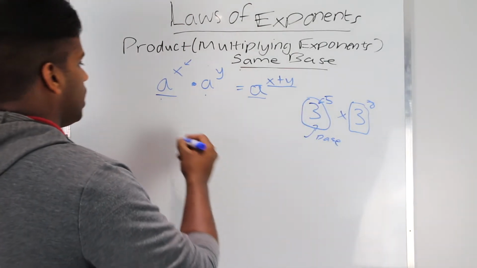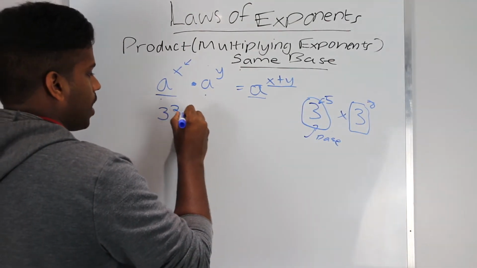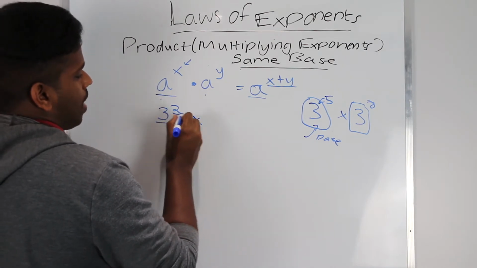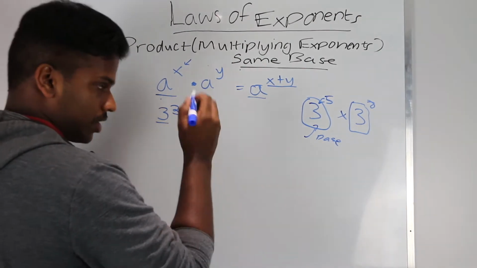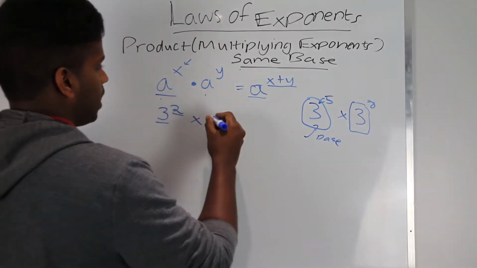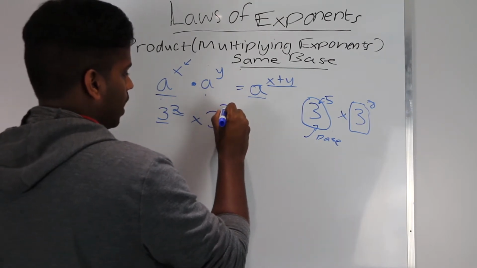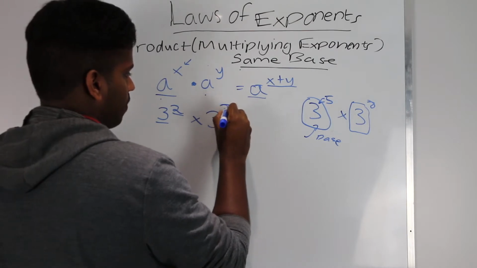So I'll show it to you in action. We'll start with something easy: 3 squared. This is an exponent. We have a base, and an exponent written in the top right-hand corner of the base. Then we have another number and another exponent here.